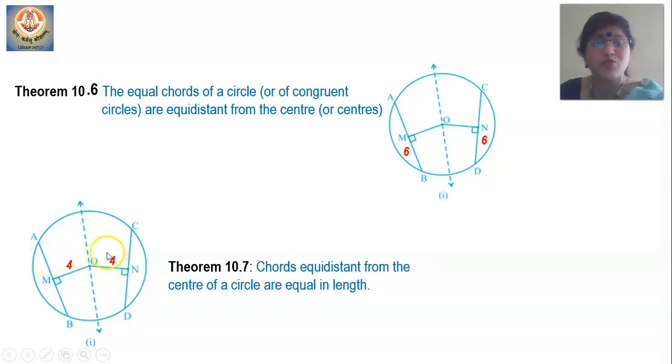Then what happens to these two chords? These two chords will have equal length when you measure. So these two theorems, you just have to understand them. What does it imply? And these statements that are given, you will be using in some questions which you're going to see later. Okay, now let's move a little further.